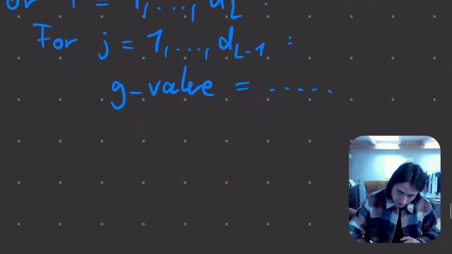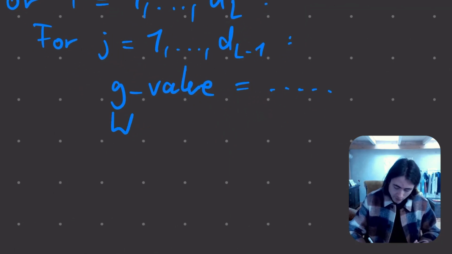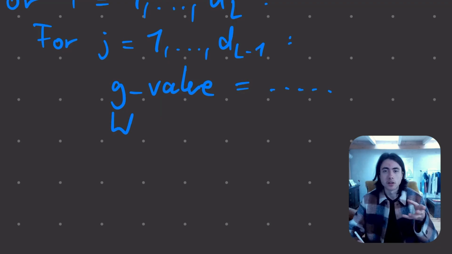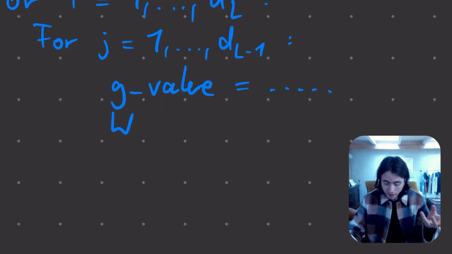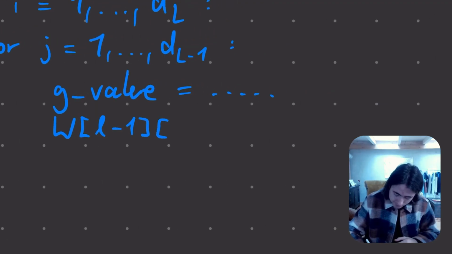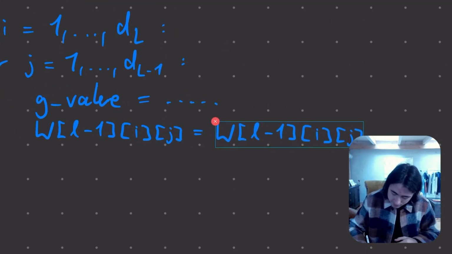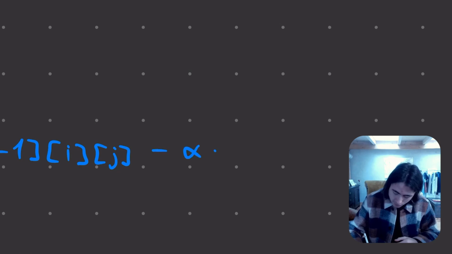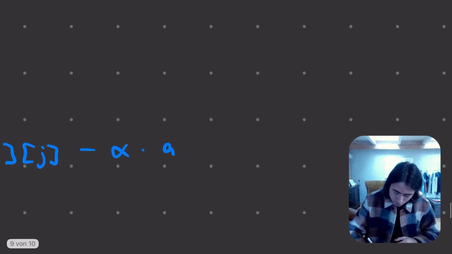And then we would have to update our weights and biases, right? So remember that all of our weights and biases were stored in Python lists. So we would have to get the correct index. So first we access the last weight matrix, and then we access the ith row, and then the jth column. And then we update it by setting it to itself minus the learning rate times the gradient value we just computed.